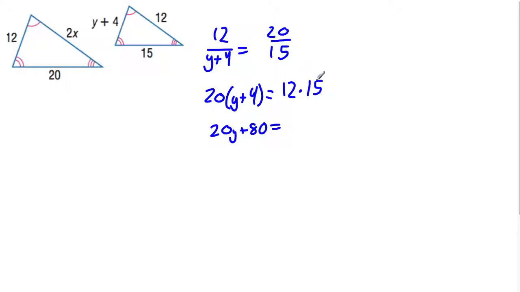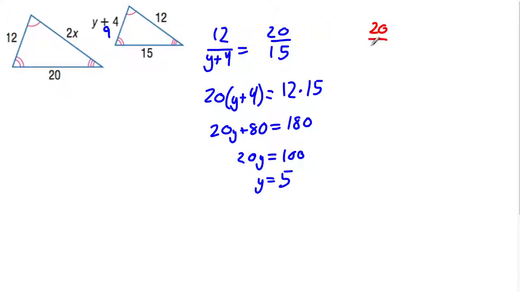Well, 10 times 15 is 150, plus 2 times 15 is 30. So 150 plus 30 is 180. Subtract the 80 from both sides, I get 20y is equal to 100. So y is equal to 5. So that means that this side here is 9 because y is 5. To find x, you could set up the same side.